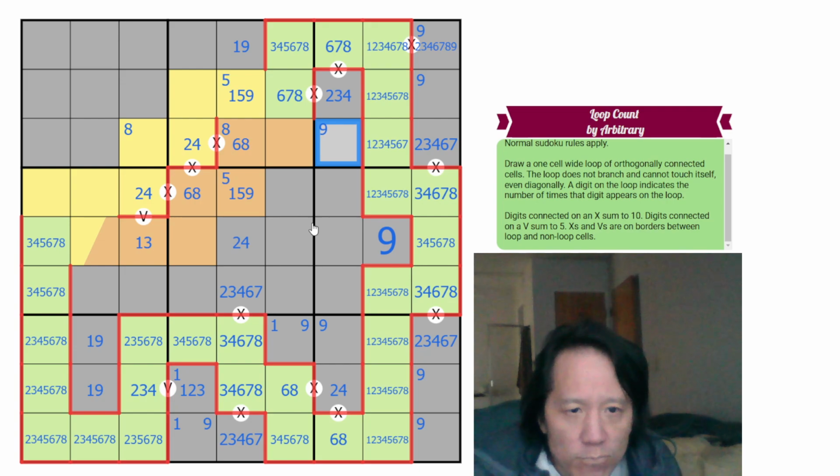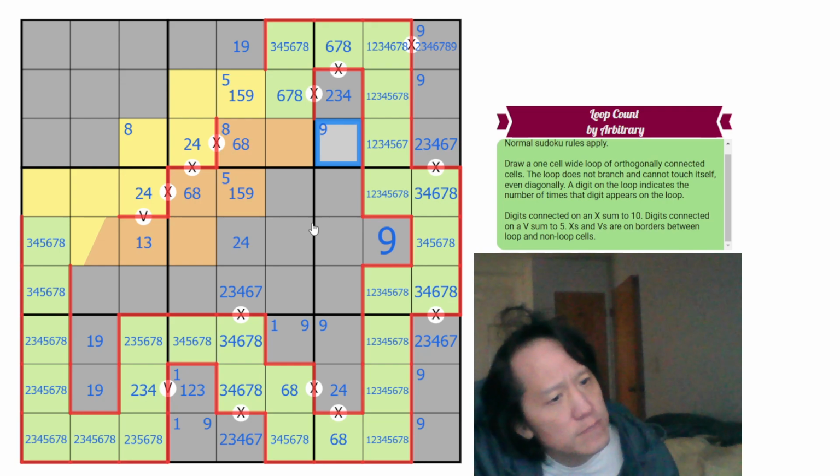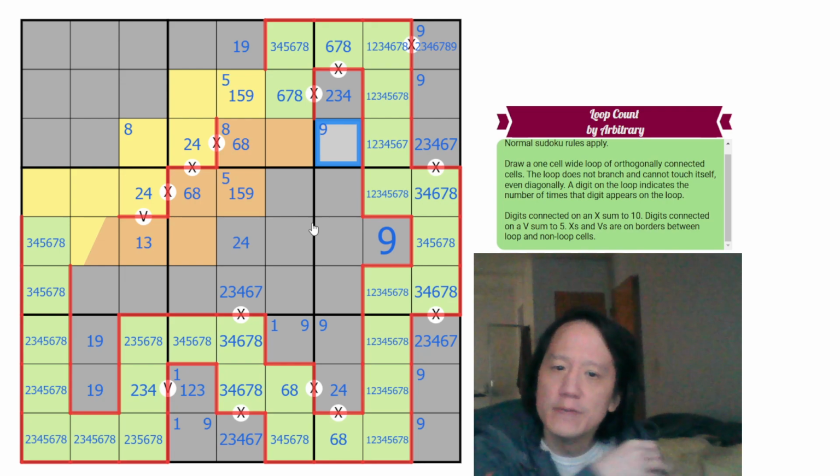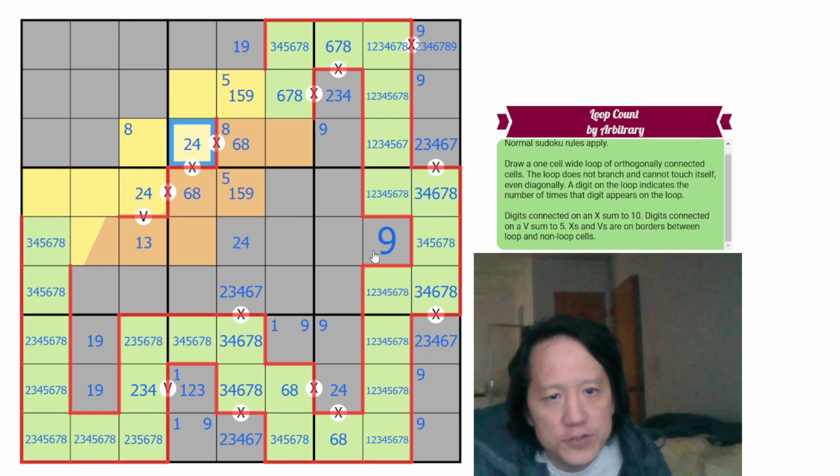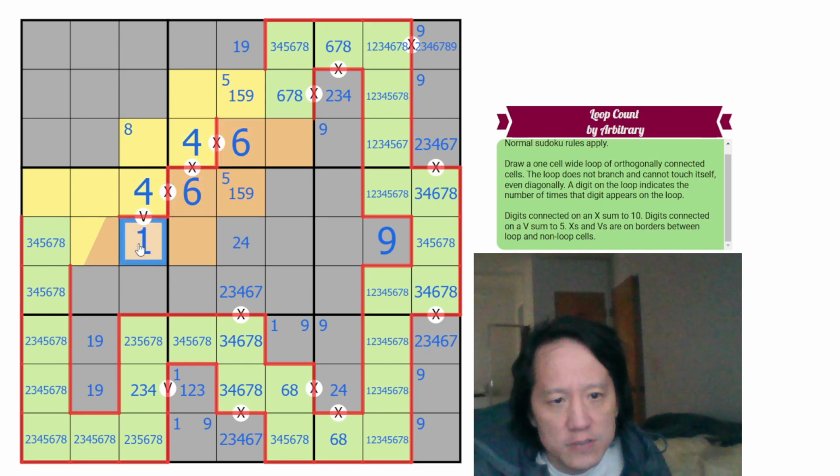Oh, that's interesting. Right. So, if this were 4 and 4, and the yellow is part of the loop, this becomes 6 and 6. This is 1. This has to be, again, 2 and 3.